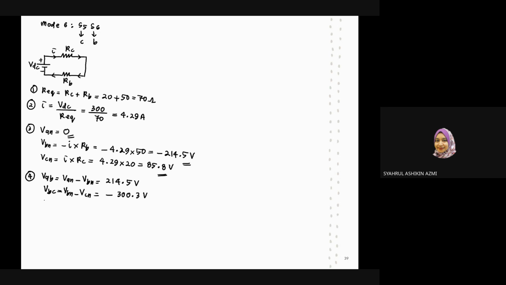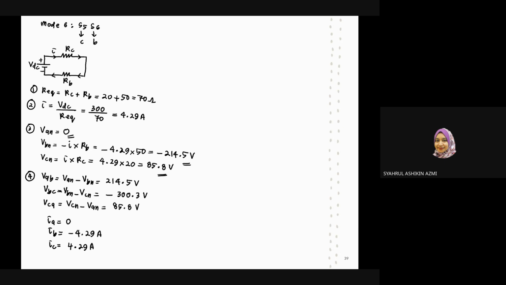VCA, VCN minus VAN, it will be 85.8 volt. So our IA will be equals to 0. IB will be equals to negative 4.29 ampere, and your IC will be equals to positive 4.29. So basically you already get all the required parameter, value of your phase voltage and also your phase current.